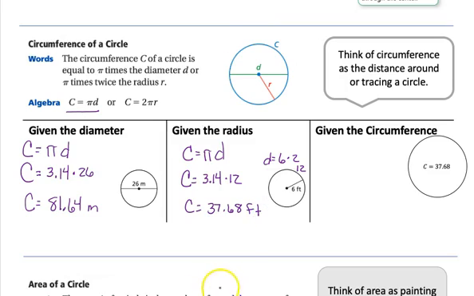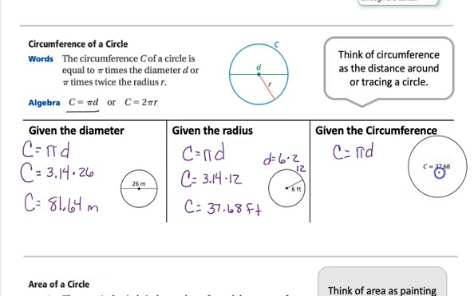Now we have one more circumference question here. It says, given the circumference. Well, if we think about that, if we've been given the outside of a circle, what I can find from that is the diameter or the radius. So I'm going to use my formula. The first thing I'm going to do is I'm going to say, well, C equals pi d. I'm going to write it.